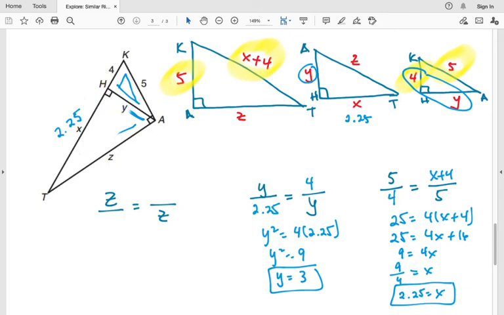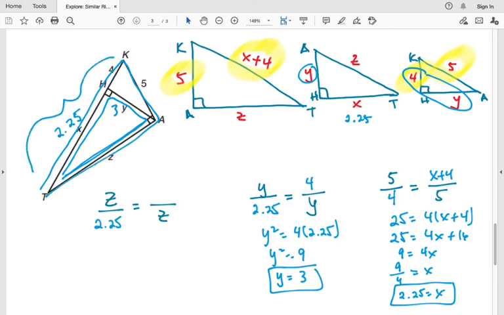All right, now we know this y value is 3. Now we can find z. So this z right here is part of this triangle right here, so we're going to use that 2.25. And it's also part of this triangle right here, so we're going to use this whole length right here, which is 4 plus 2.25 or 6.25. So 6.25 is going to go here.